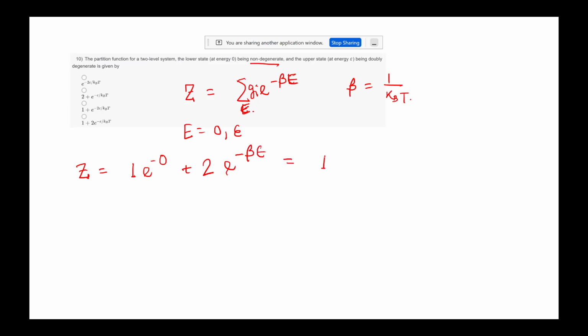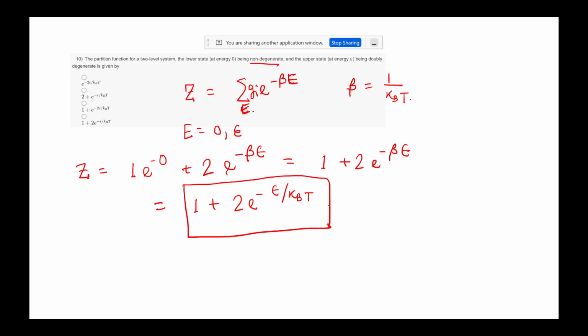That becomes 1 plus 2 e to the power minus beta epsilon, which equals 1 plus 2 exponential of minus epsilon over kBT. So the right option is option D. Okay, easy problem.